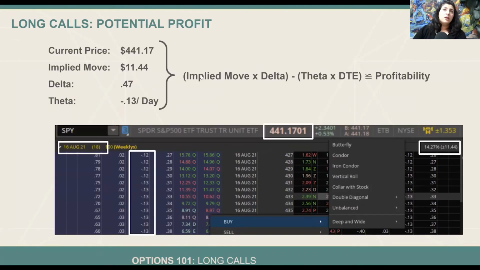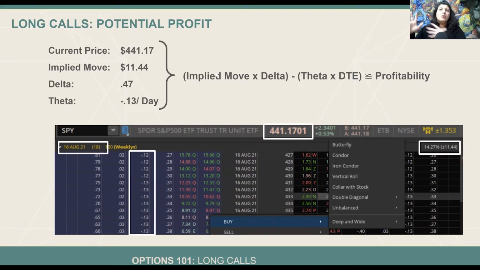profitability. So you look at the current price and you look at the implied move, you look at the delta, and you look at the theta. When you're in a long position, theta is always negative. So you will take the implied move and multiply it by delta.